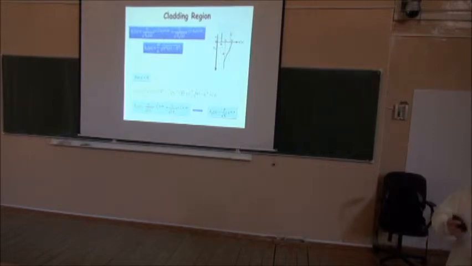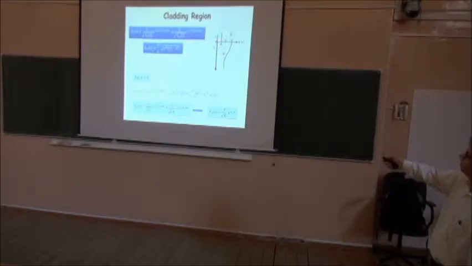So we're going to start applying this for a specific case. What we did so far is general, valid for any type of index profile, and I'm going to take one particular one that's actually quite relevant for many applications. So that was the general solution, and I'm going to start looking for the solution at a different place.